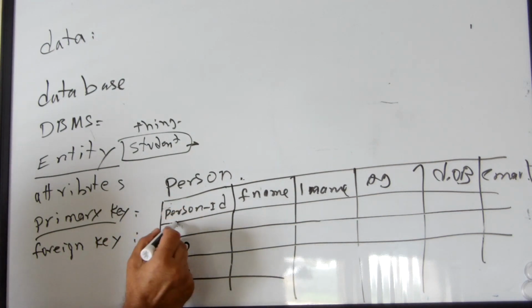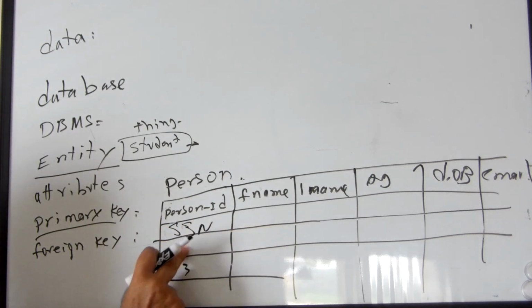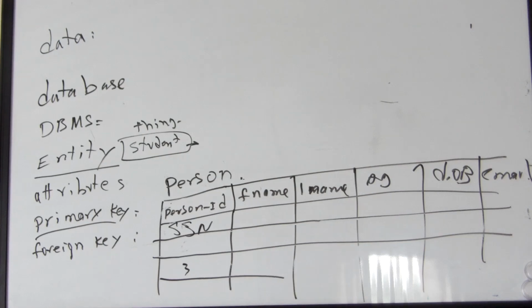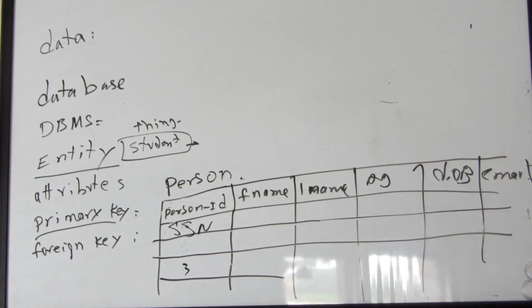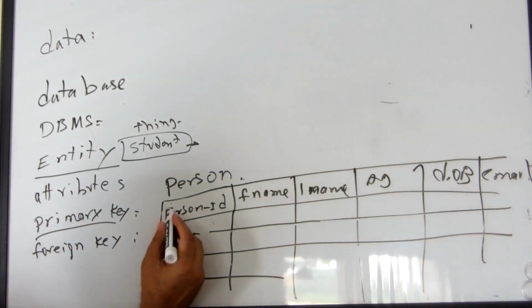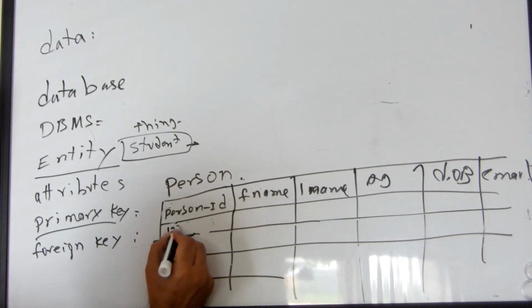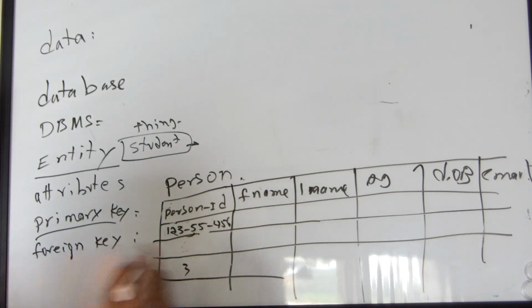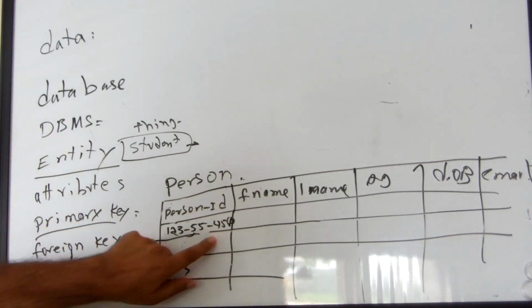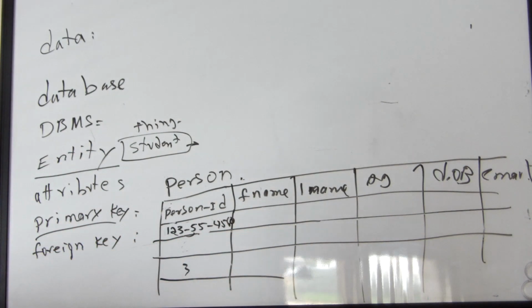You can use Social Security number, SSN, because everybody has a different Social Security number, so it could be, say, 1, 2, 3, 55, 4, 5, 6. It should be 9 numbers.